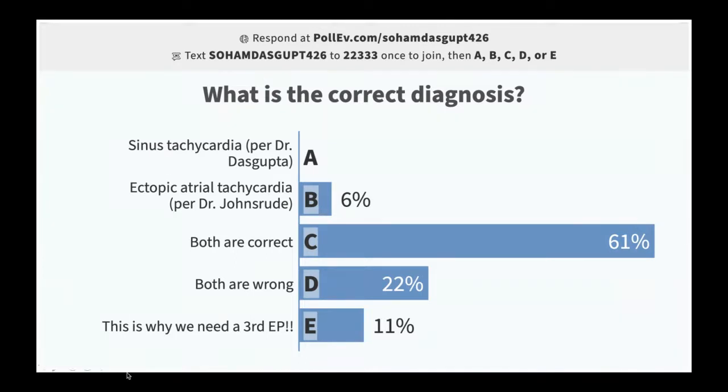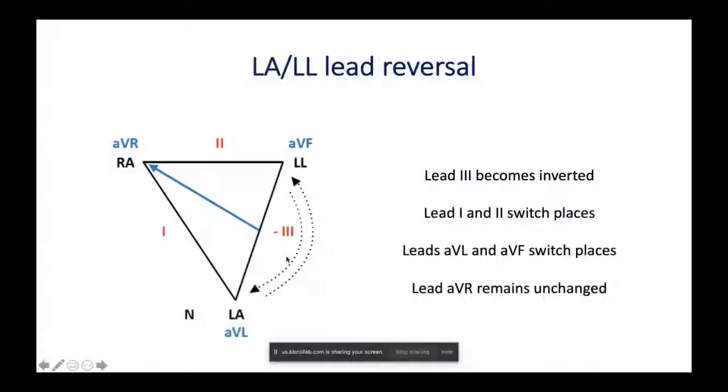So in this case, this is one of the cases where both of us were correct, and I'll show you why. So this patient, the first EKG that we had, that I call sinus tach, actually had a left arm, left leg lead reversal. So what happens is, instead of putting the left arm lead on the left arm, it went on the left leg, and the left leg lead went on the left arm.